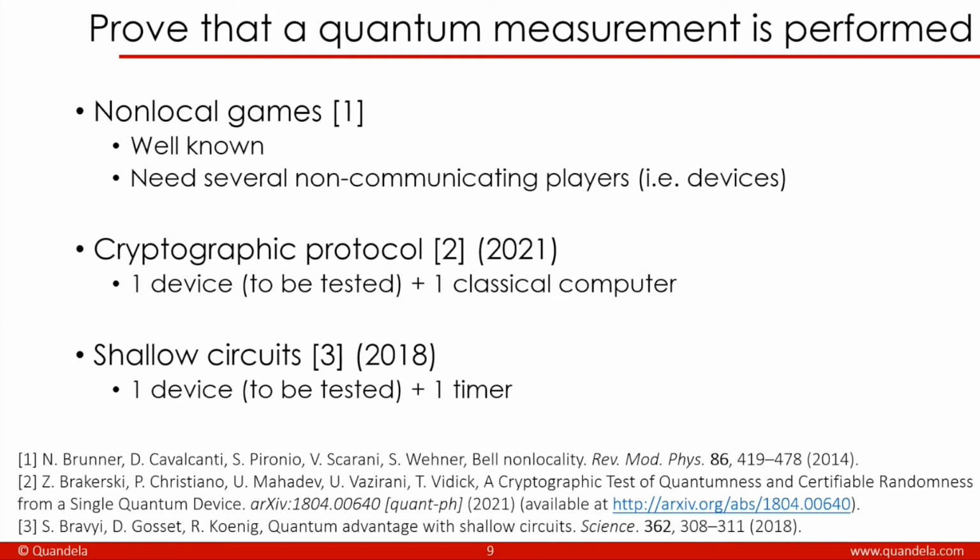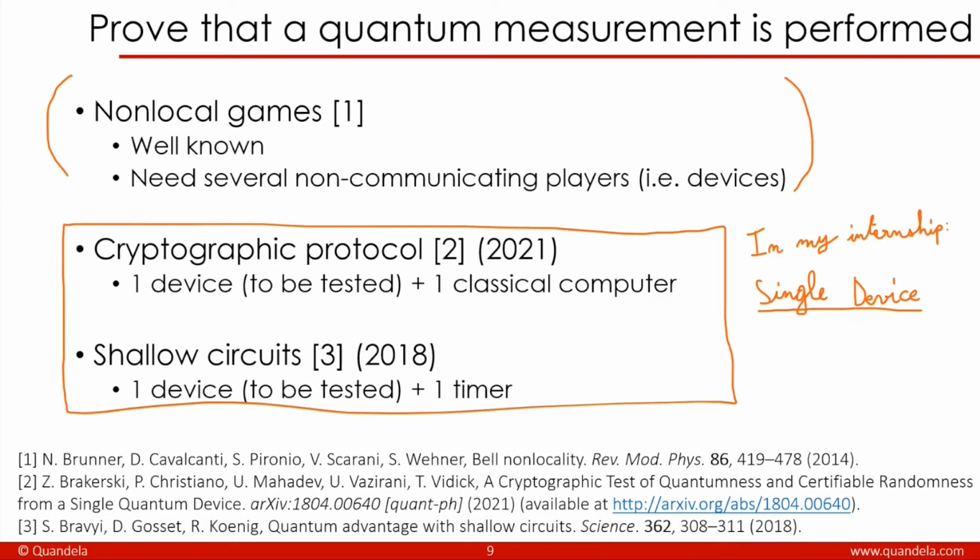So it can be done in some ways, but this is generally the main problem of the implementations of non-local games. And also this is not very convenient because you cannot just have one device with you, which will generate random numbers. You necessarily have to have a setup with several devices.